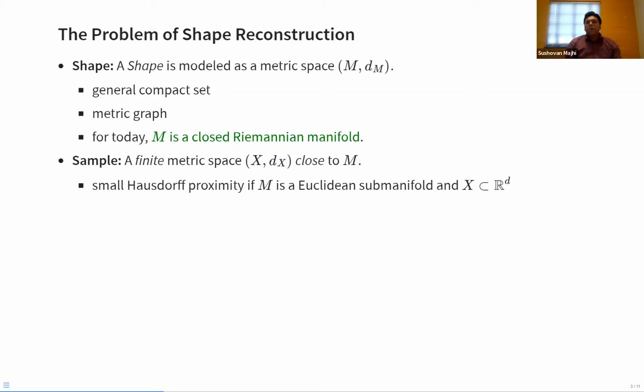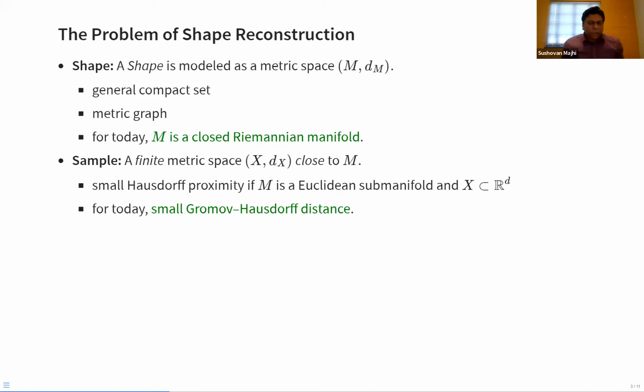This is when you have your Riemannian manifold M being a submanifold nicely embedded in the Euclidean space, and the sample X is also, let's pretend, a finite or a compact subset of the Euclidean space, and they're nicely embedded very close to each other in the sense of Hausdorff. So the Hausdorff distance between M and X being very close.